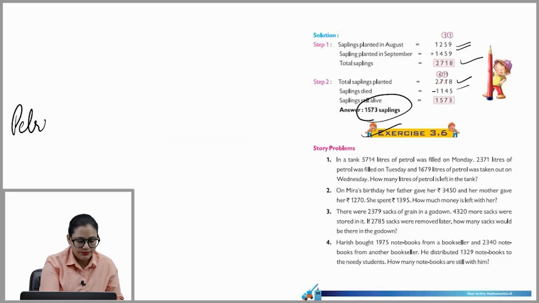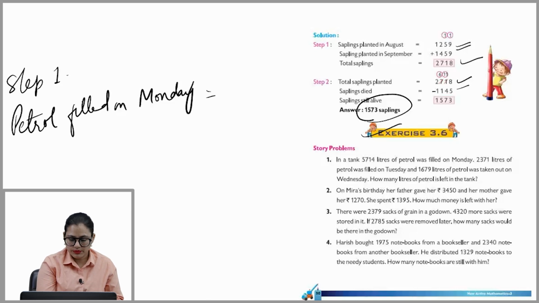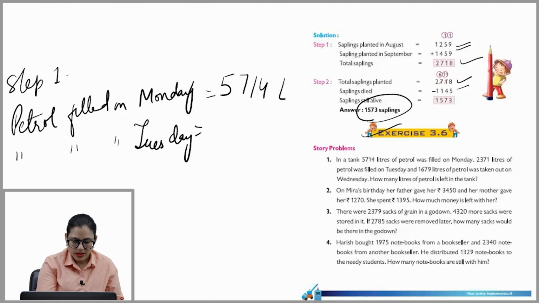Petrol filled on Monday. This is step 1. 5,714 liters of petrol filled on Monday, 2,371 liters filled on Tuesday, total petrol.